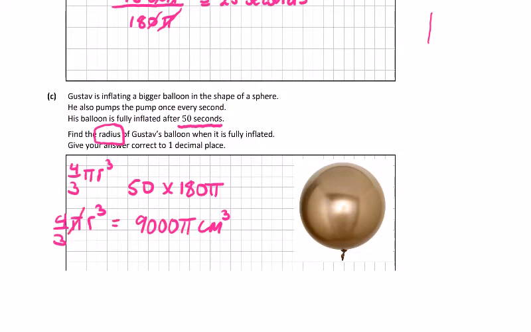So the pi's cancel, and if we multiply by 3, we get 27,000 over 4, 27 with 3 zeros over 4, is equal to r cubed.